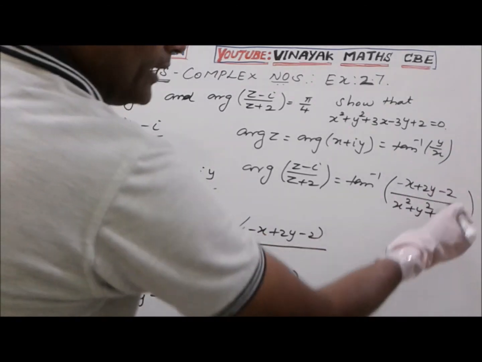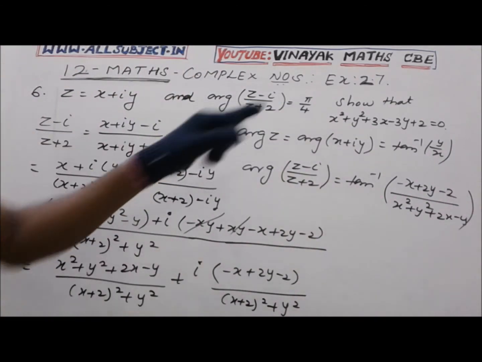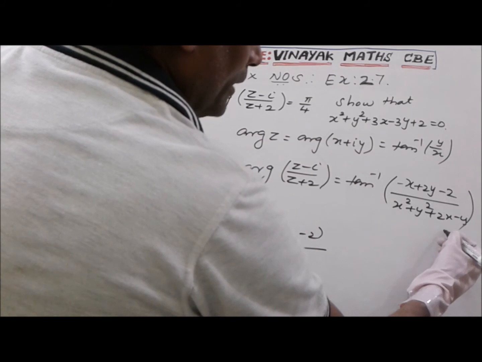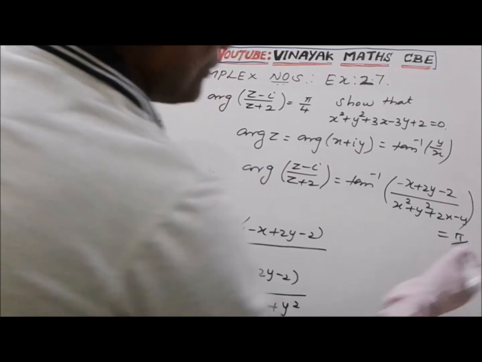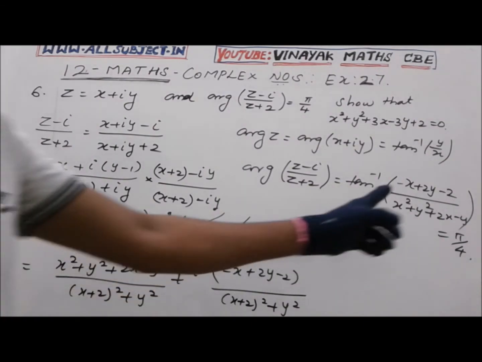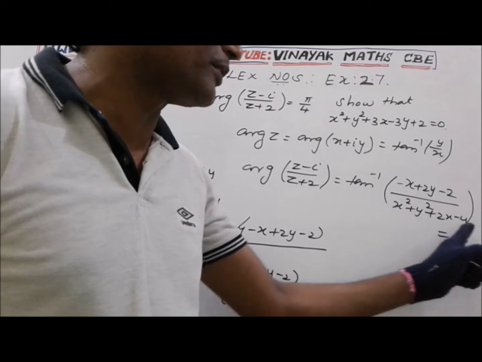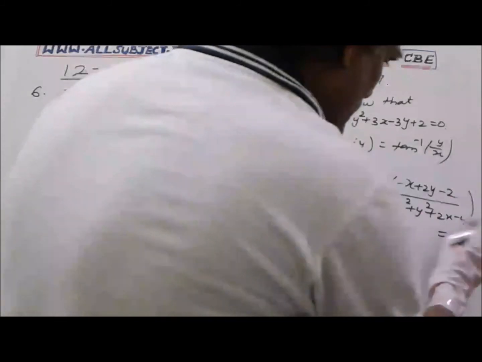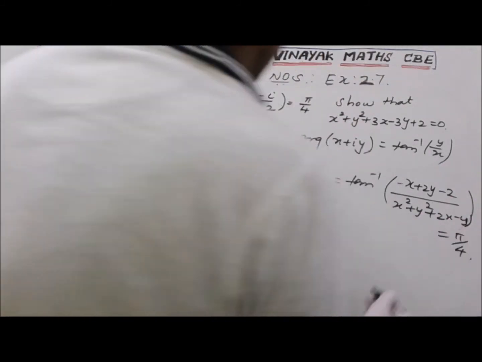Now this will be equal to pi by 4, which is given. So given that argument of (z minus i) by (z plus 2) equals tan inverse of (minus x plus 2y minus 2) by (x square plus y square plus 2x minus y), this result will be equal to pi by 4.